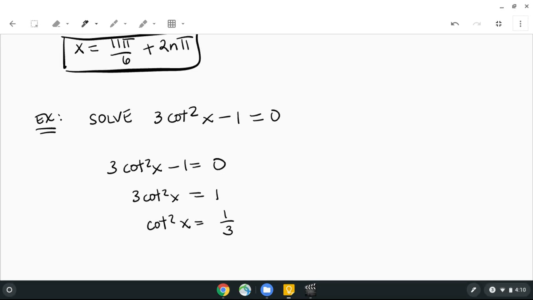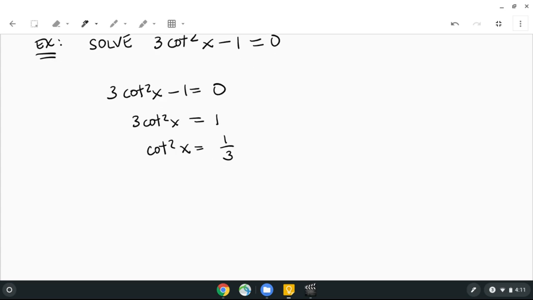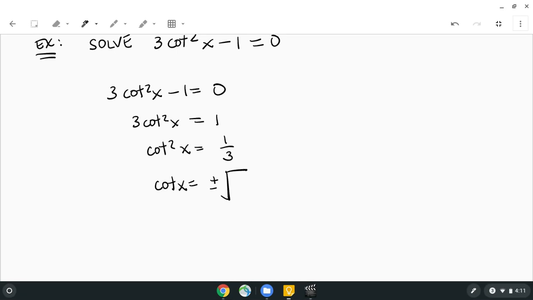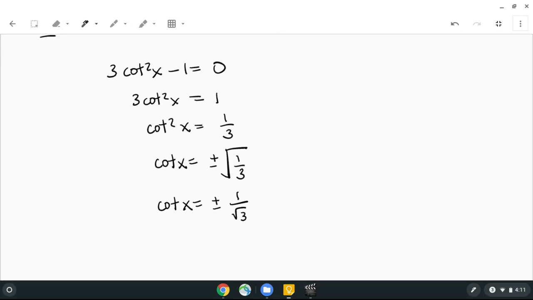Now take the plus or minus square root of 1/3. Take the square root of both sides to get rid of that square. And we get plus or minus the square root of 1/3, but that's the same thing as saying cotangent x equals plus or minus 1 over square root 3.